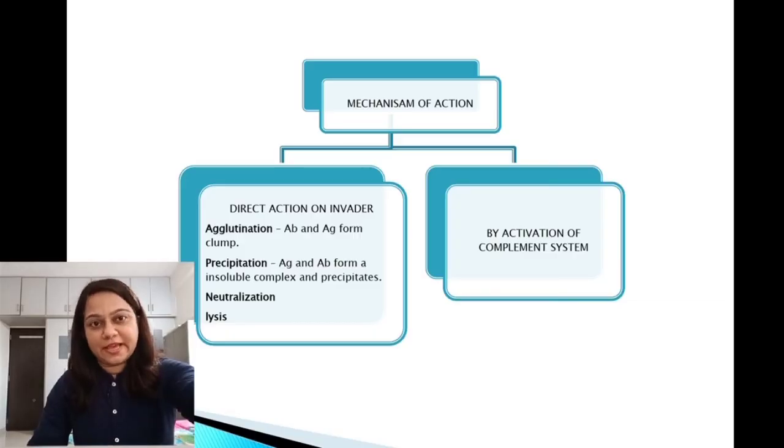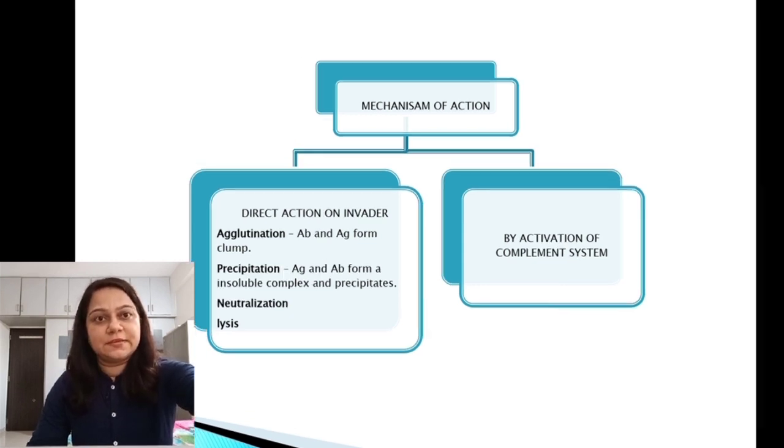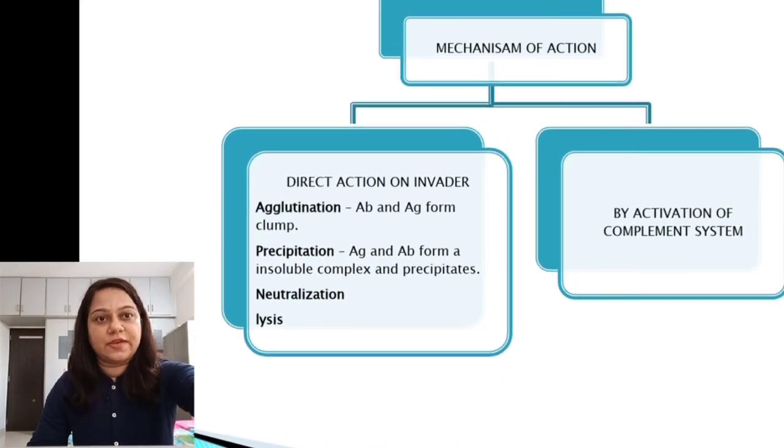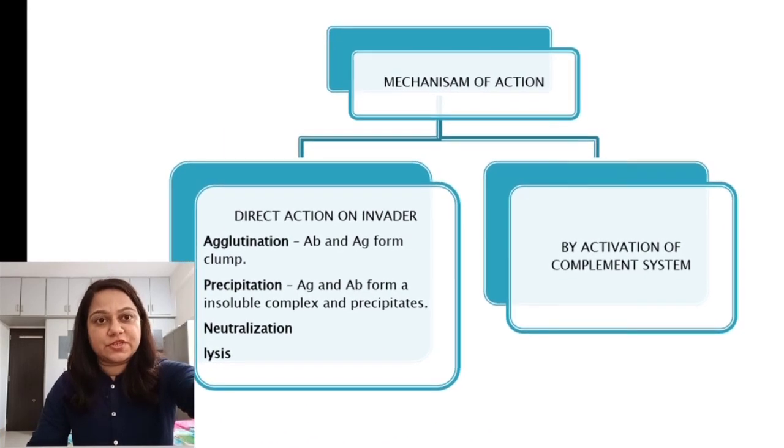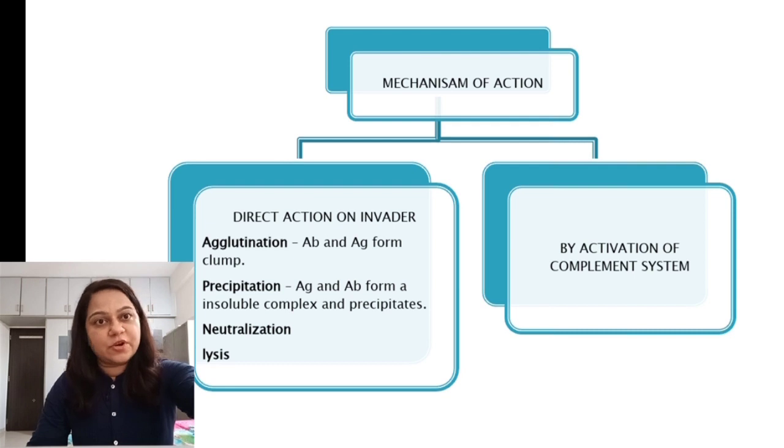Let us go through the mechanism of action. It can be by direct action on the invader or by activation of the complement system. Direct action on the invader can be brought about in the following ways. Agglutination, that is, the antigen antibody complex forms a clump.